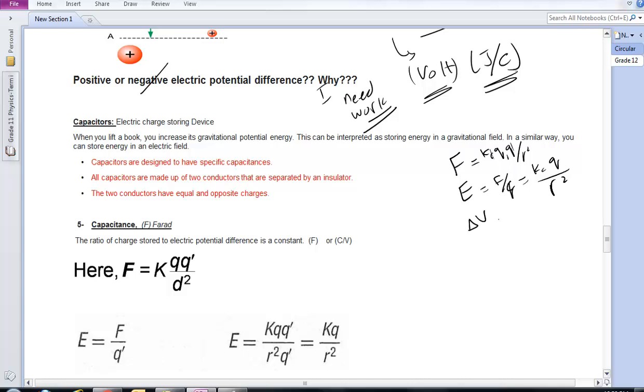And finally, this is equal to W over Q or E times R. So these are the values that we have taken till this moment. I will summarize them by the end of the presentation. F is measured in newtons, E is measured in Newton per Coulomb, V is measured in volts or joules per Coulomb.